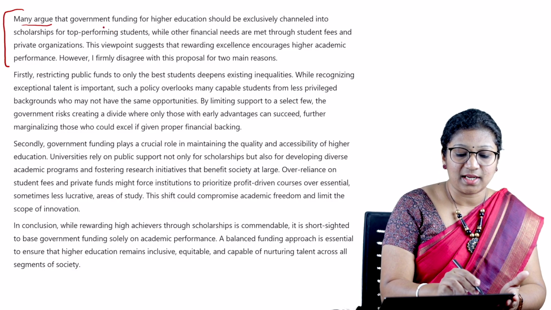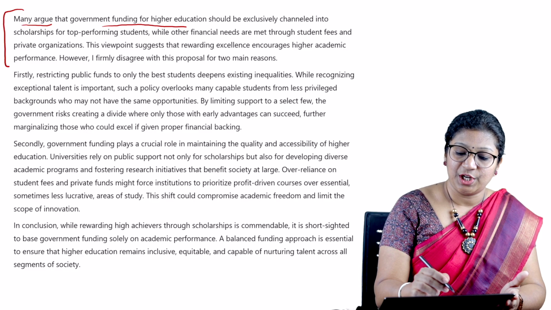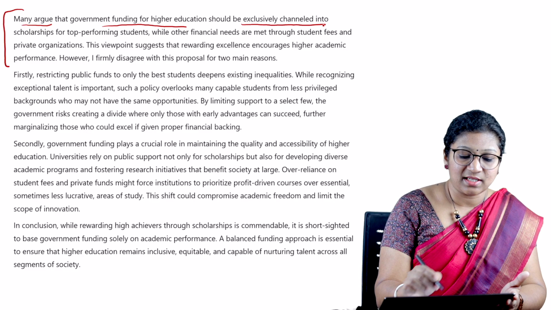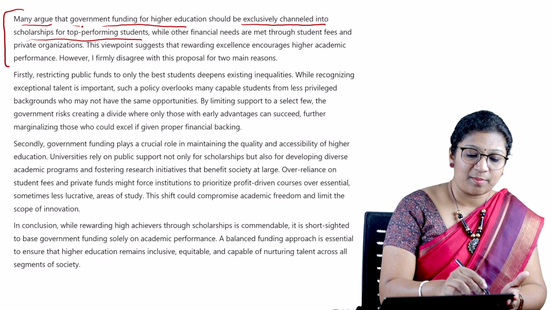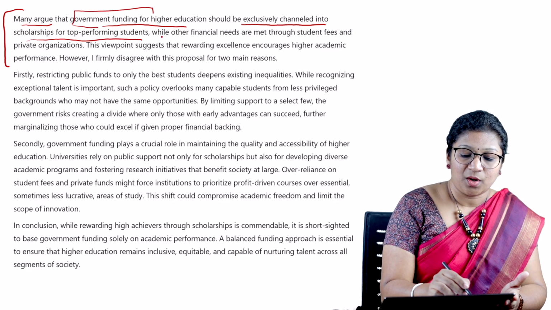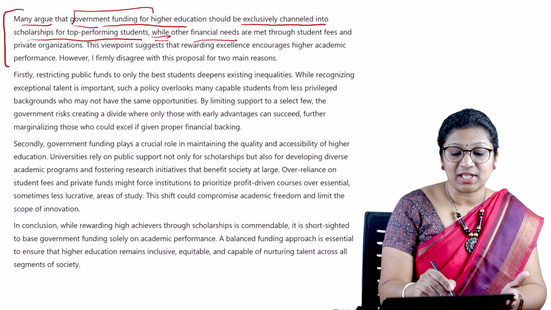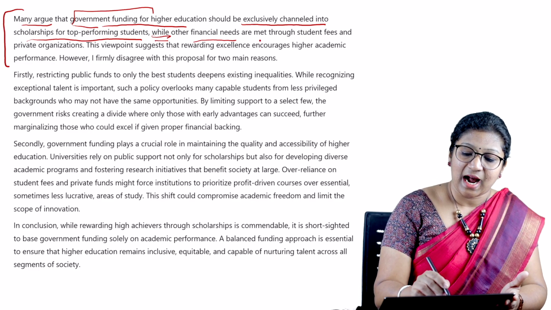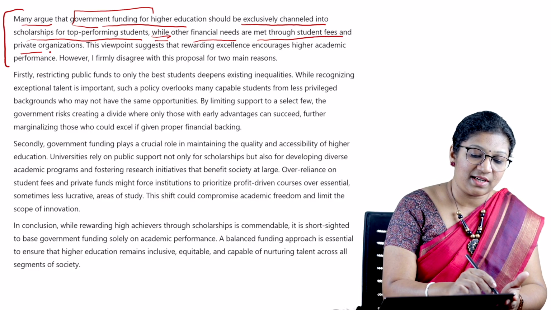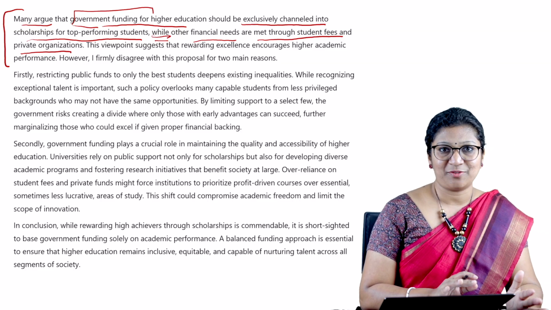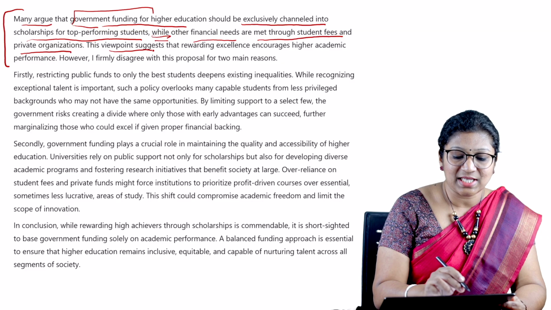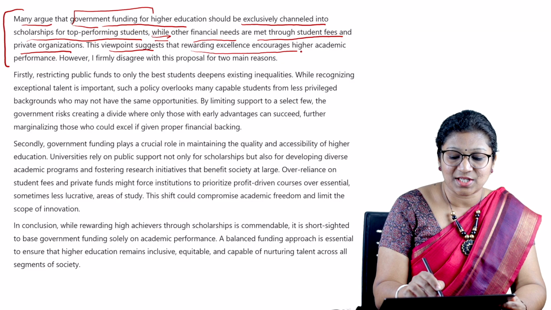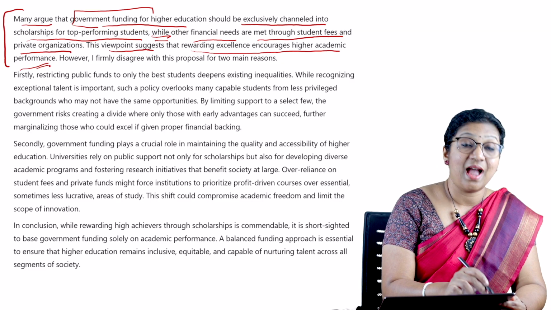Many argue that government funding for higher education should be exclusively channeled into scholarships for top performing students. Okay, talking about government funding, number 1, while other financial needs of the university are met through student fees and private organizations. Paraphrasing is complete. One more sentence. This viewpoint suggests that rewarding excellence encourages higher academic performance.